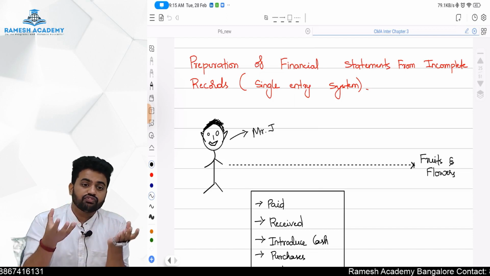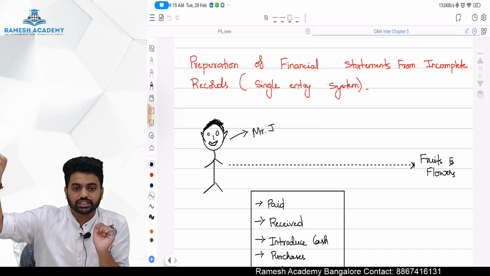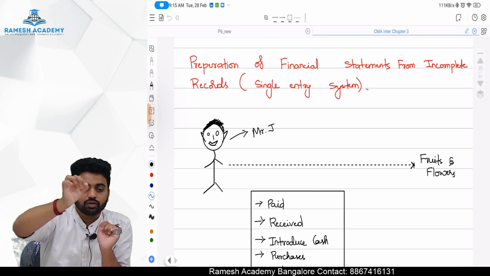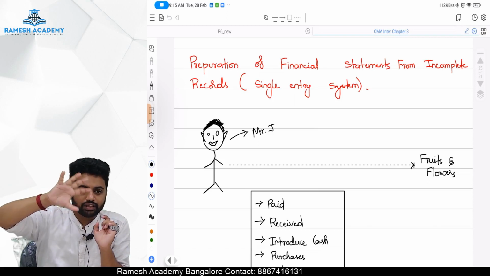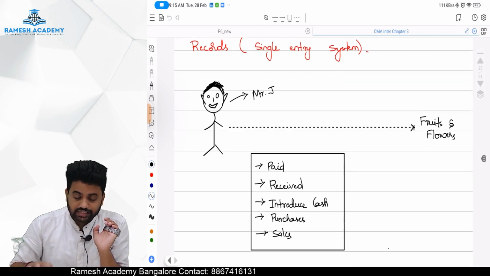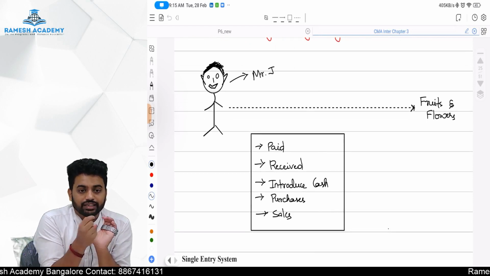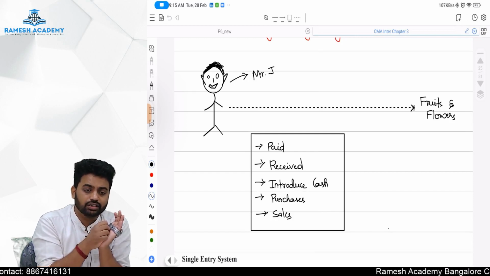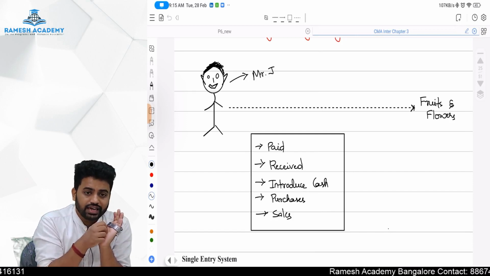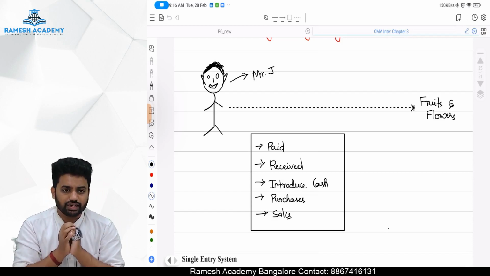If he purchases fruits and flowers, he might write from whom he purchased and whether it was paid. For sales, he might write at the end of the day how much he sold, or record per sale: sale to A, so much; B, so much; C, so much. These are the major things he will maintain.